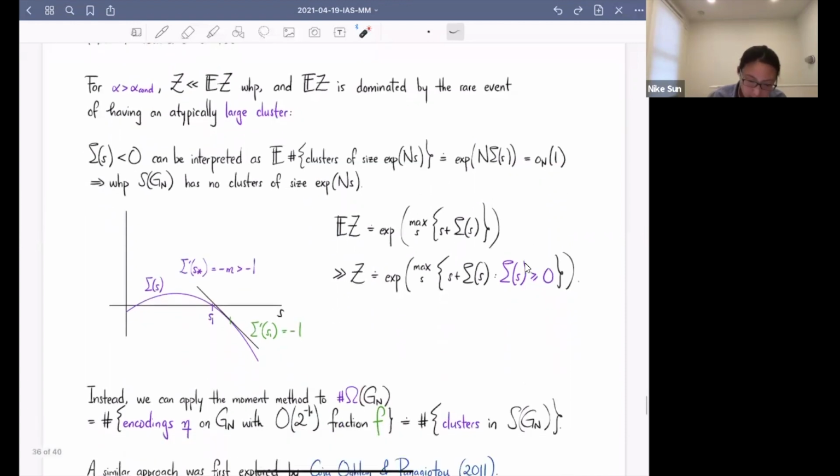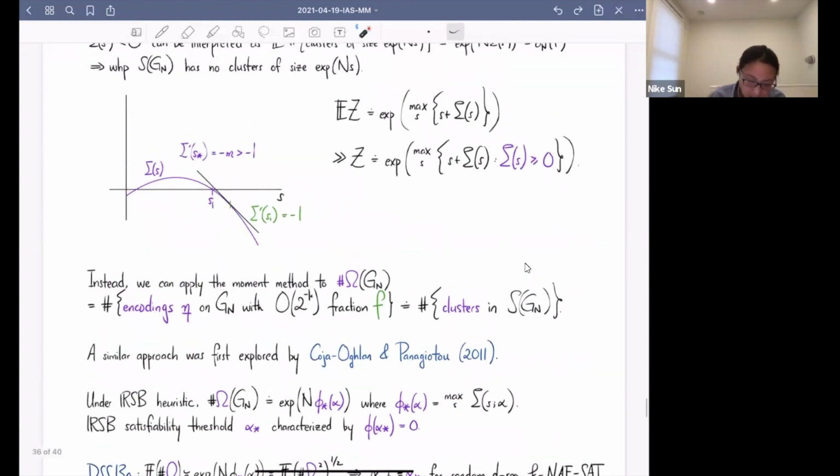So instead, the solution is to not apply the moment method to the number of solutions, but to apply it to the number of clusters, as encoded by these plus-minus free configurations. A similar approach was already explored around 2001 by Kirousis, Kranakis and others.